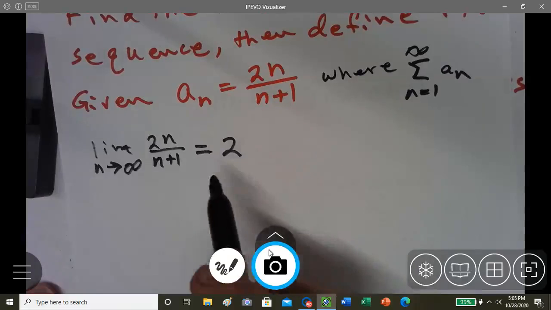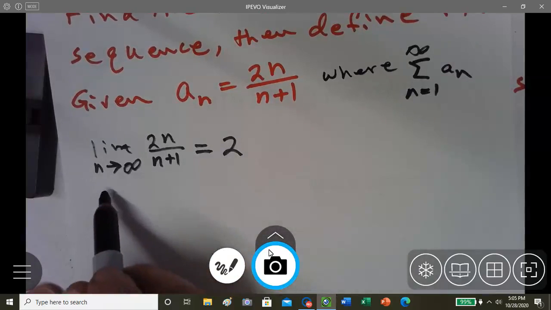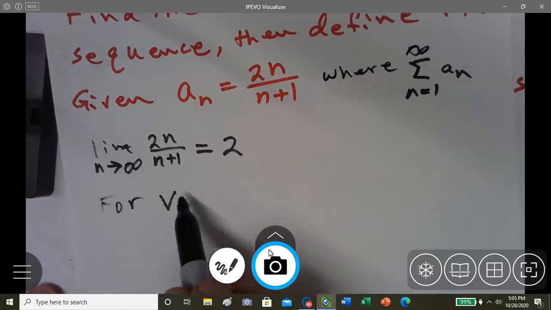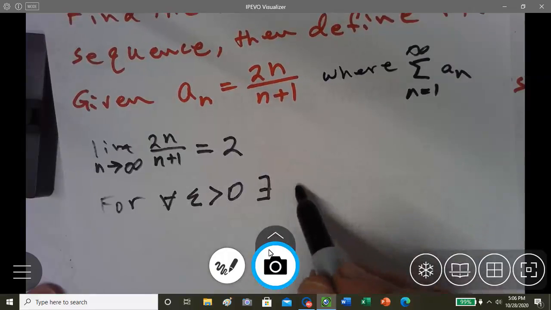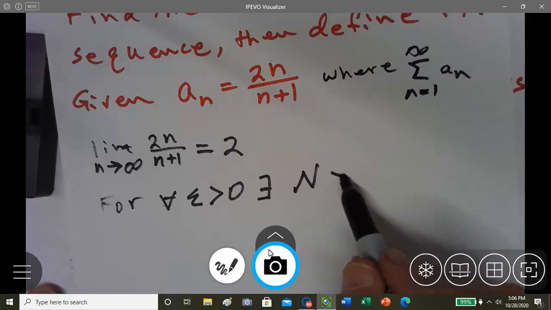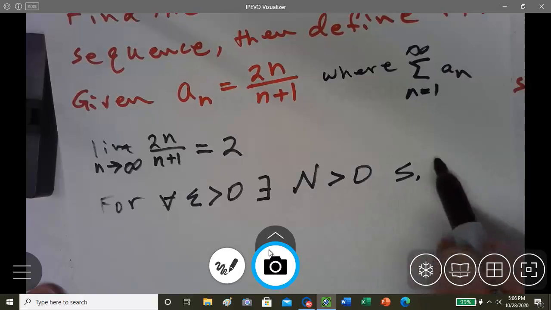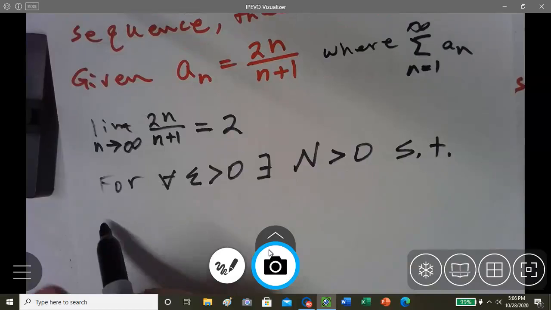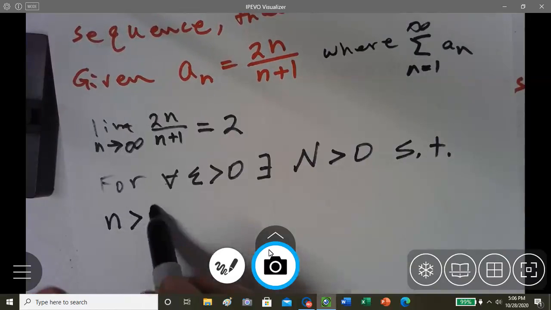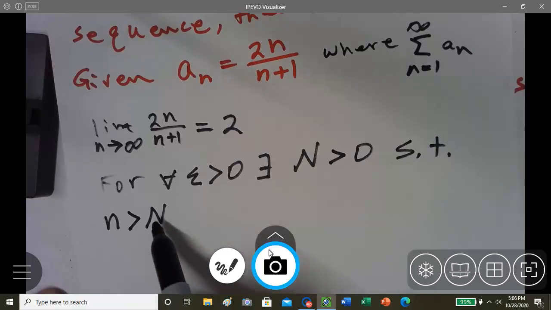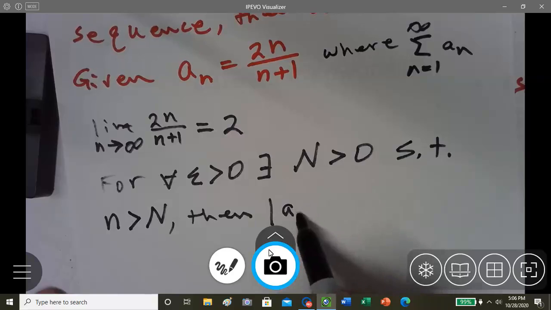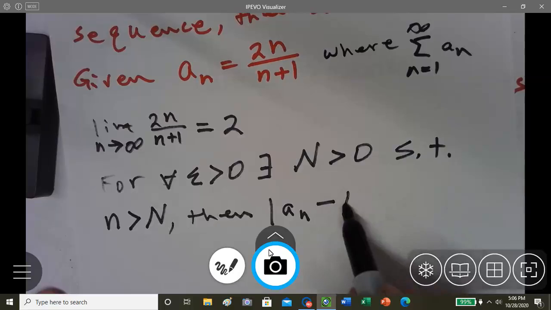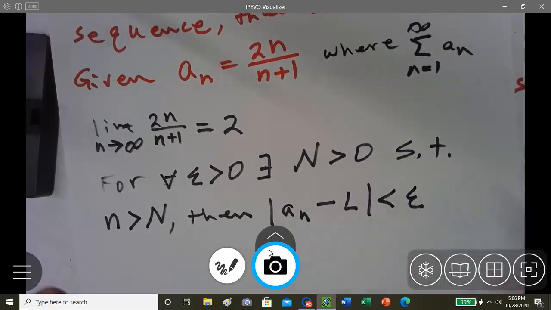So from here, we can state: for all epsilon greater than 0, there exists a boundary N greater than 0 such that if our n is greater than our boundary N, then we have our sequence a_n minus its limit is less than epsilon.